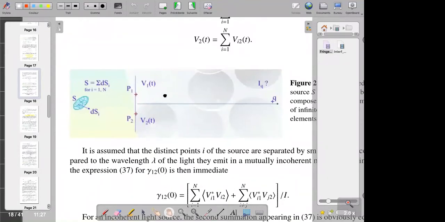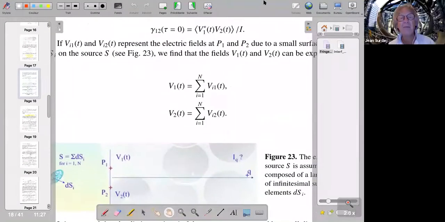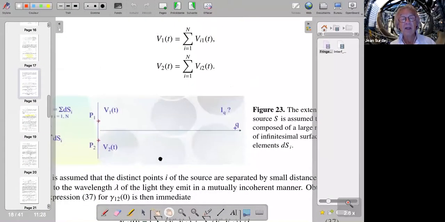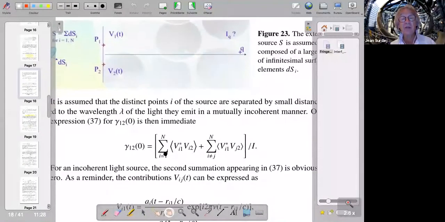What we do is, in this expression we insert V1, we insert V2, we take the complex conjugate of this expression, and when we multiply, we have many cross products. The cross products are shown here.